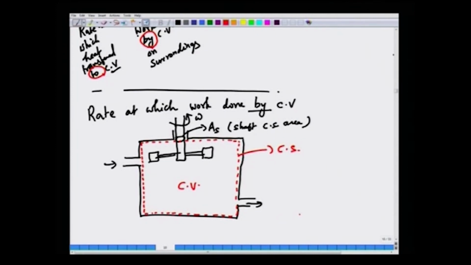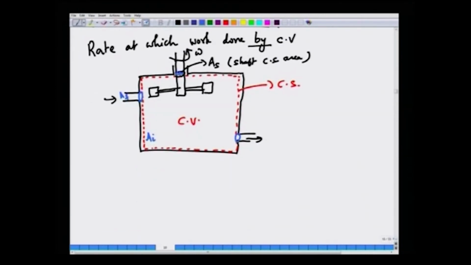Okay. Now, what are the various types of work? There is an area where the control surface is cutting across where fluid is flowing in, that let us call AF, where the flow is happening. The rest of the area let us call AI, and of course, the area where the control surface is cutting across the shaft which is rotating is AS. These are the three different types of areas that we can distinguish.